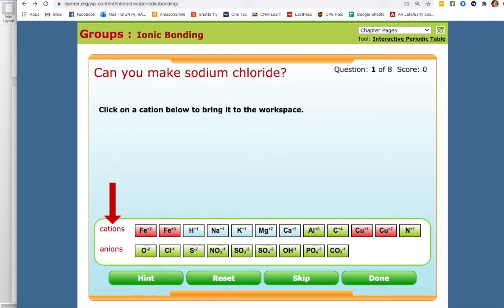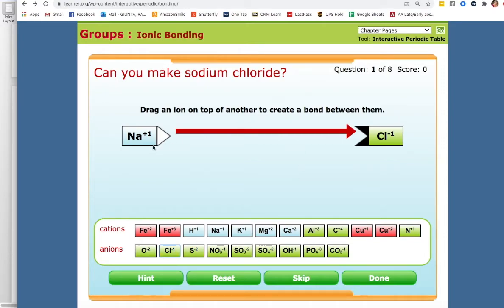So here we've got sodium chloride, and then we have to pick the ions from down here. So we've got sodium and we've got chloride. And then what you do is you drag them together.